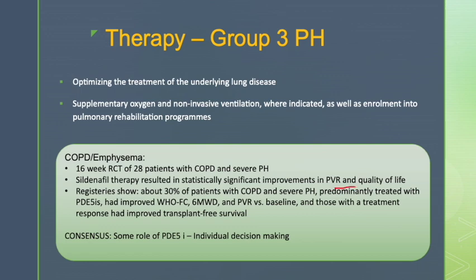In fact, about 30% of patients with COPD and severe pulmonary hypertension in the registries have been treated with PDE5 inhibitors. So the consensus is that there is some role of PDE5 inhibitors. It can also improve the transplant-free survival in some patients, but the guidelines recommend that it is based on individual decision making and not a part of routine recommendation.